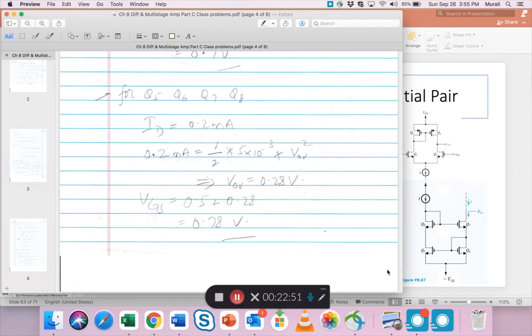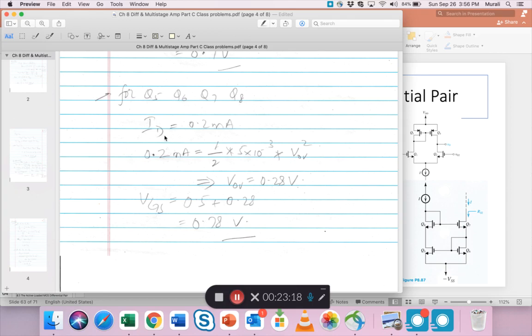Because the same current flows through this and this. Remember, you don't need to divide by 2 here, because the definition of the Wilson current or any current mirror is that whatever is in the reference, or if this is the reference, then the other current, assuming they are all matched, is the same, equal.